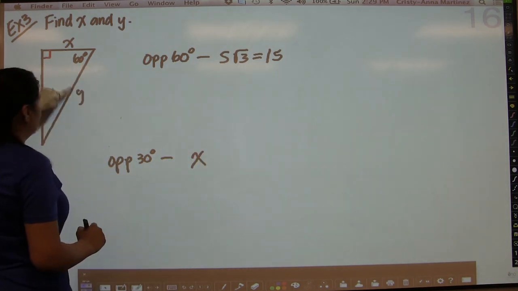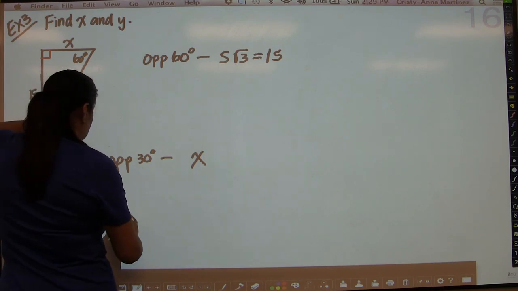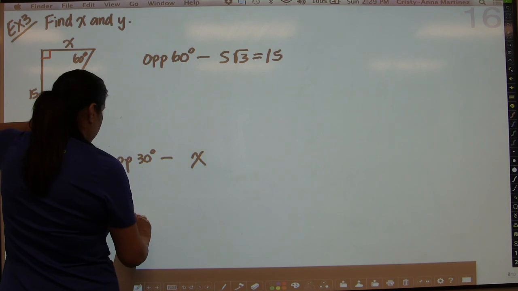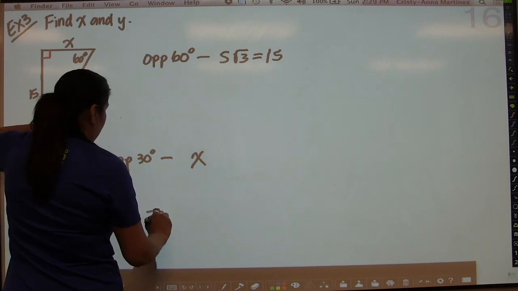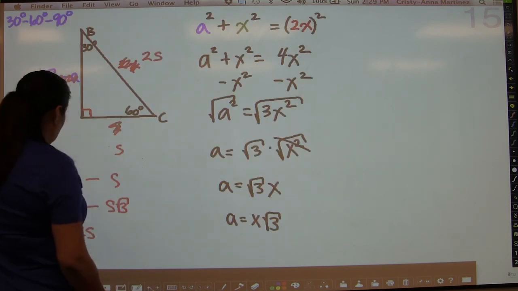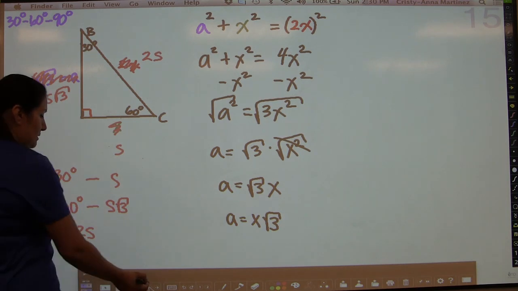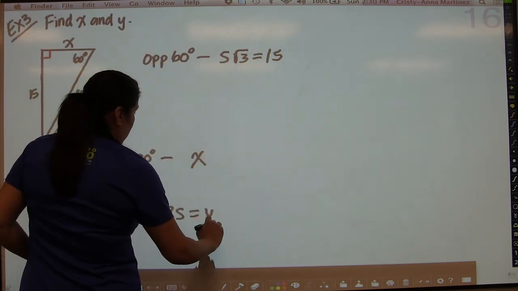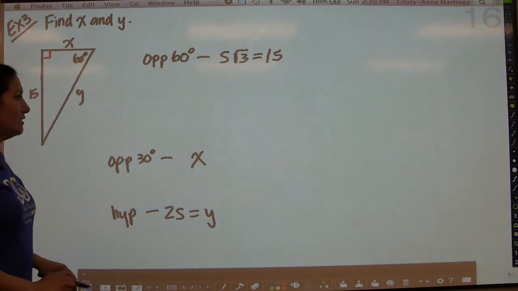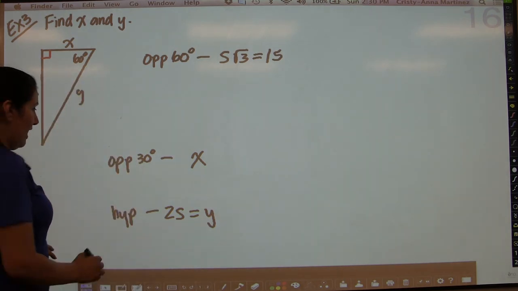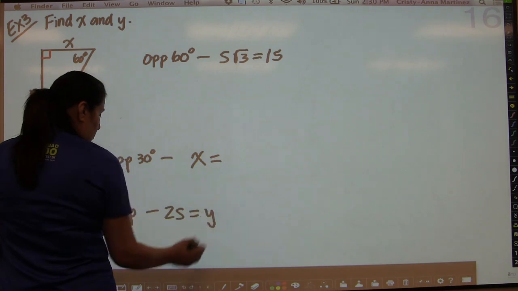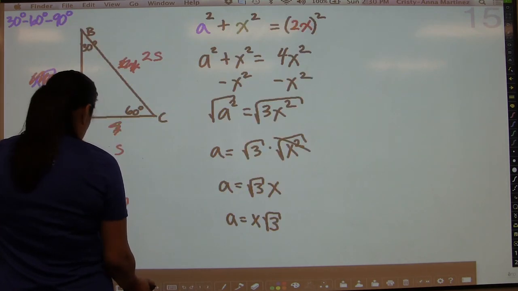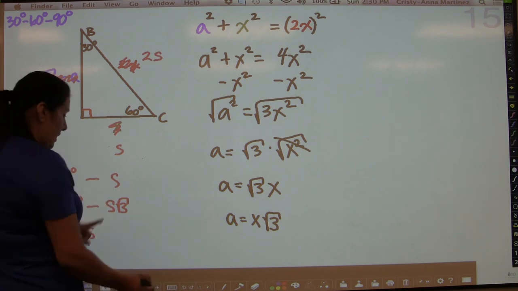And then, of course, opposite 90, the hypotenuse, is y. But, of course, in our formula, the hypotenuse is always 2s. So 2s equals y. So it turns out that x is equal to s, okay?